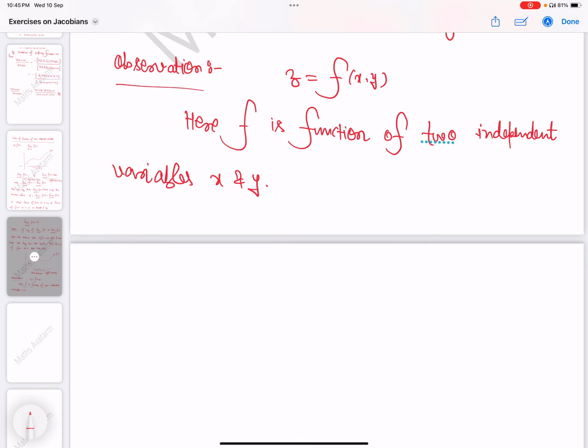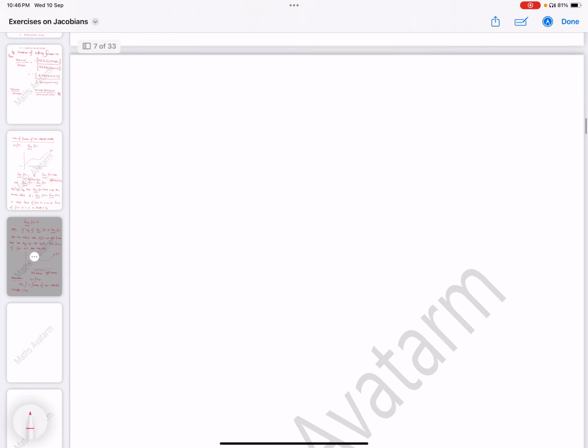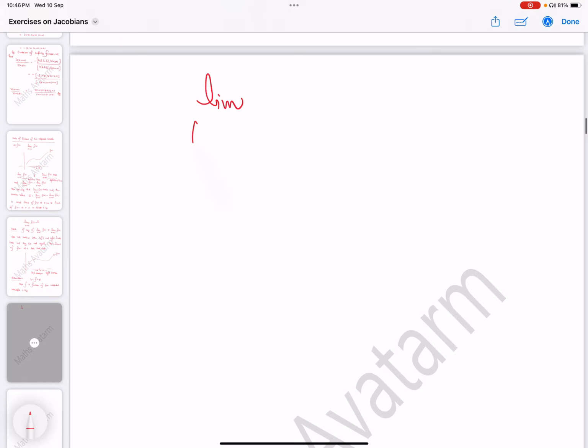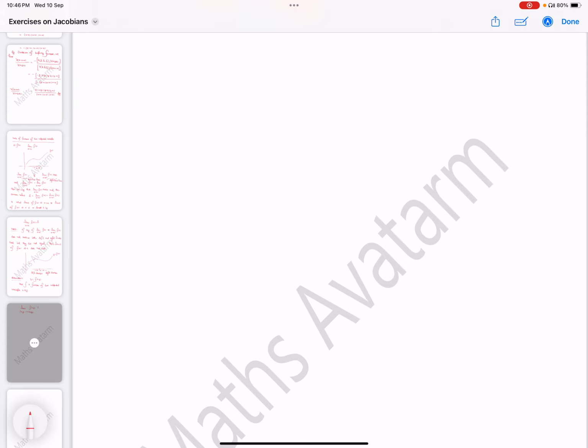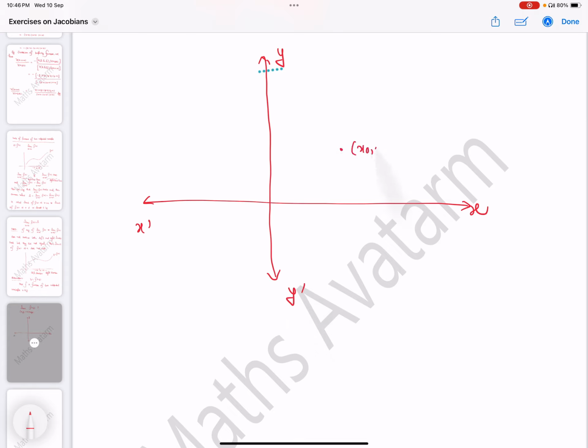Suppose we want to find this limit as (x, y) tends to (x naught, y naught) of f(x, y). We want to find this one. So the situation, you see that somewhere the point is here, x naught y naught.